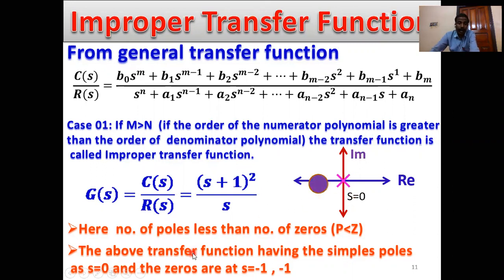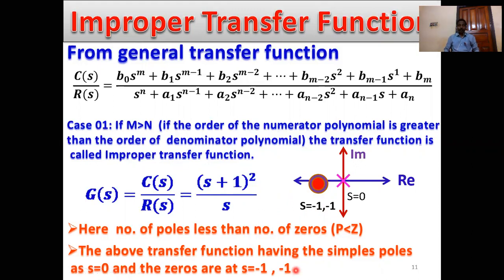And this is the zero position, s minus 1. This is s equal to minus 1, and another zero also at s equal to minus 1, so second zeros. So this is the pole-zero location.